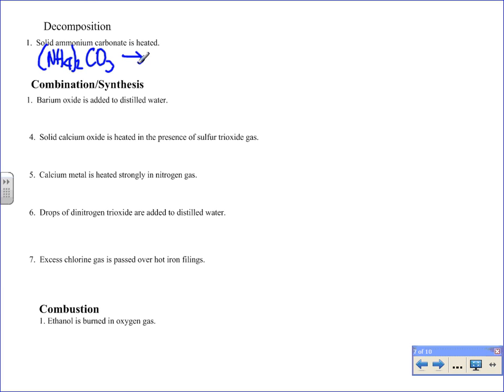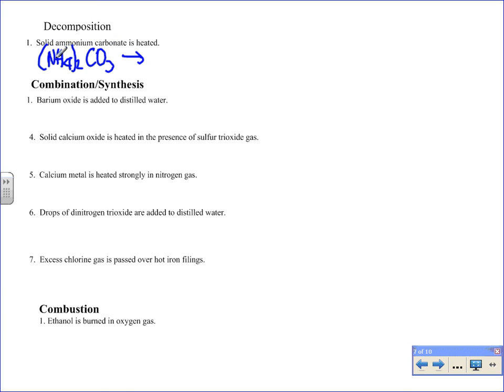If you look at decomposition, oftentimes we'll be making our oxides. If we look at the elements that we have here, we've got nitrogen, carbon, and hydrogen, and this is going to eventually break up into smaller pieces.